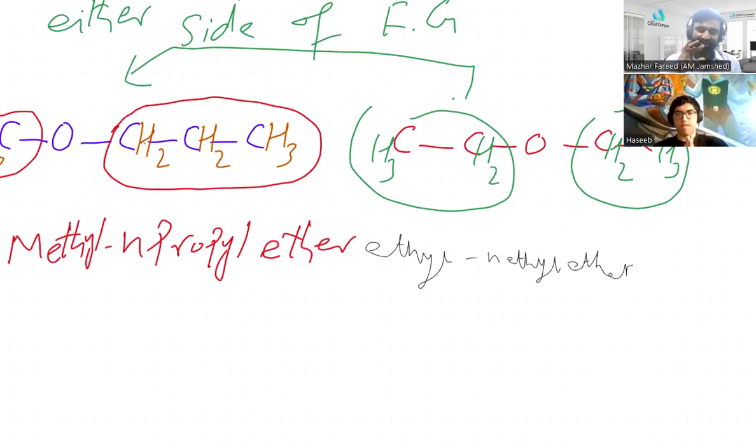When you are naming any compound, firstly you see the number of carbon present on both sides. Then you can write it in the term of di.